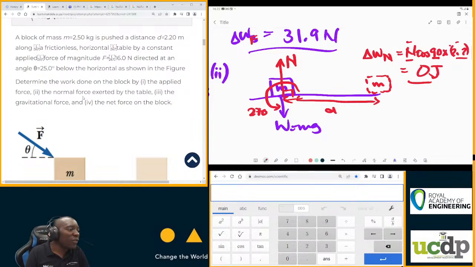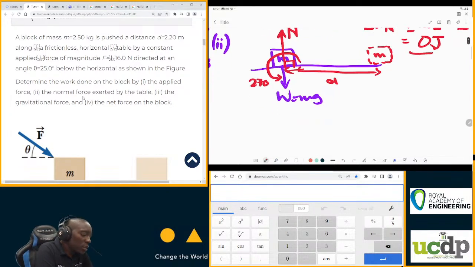So if it's frictionless, then we don't have any opposing forces. So what will be the net force and what is the work done by the net force? In other words, the net work done on the block, right?